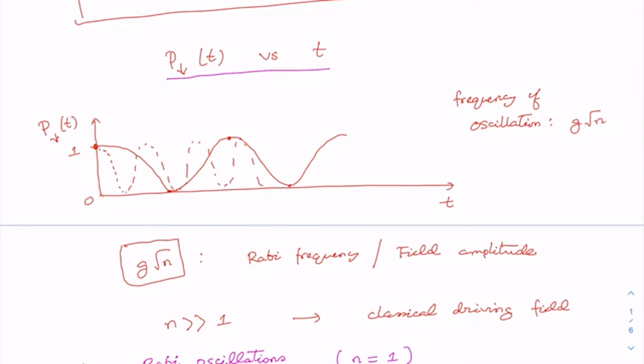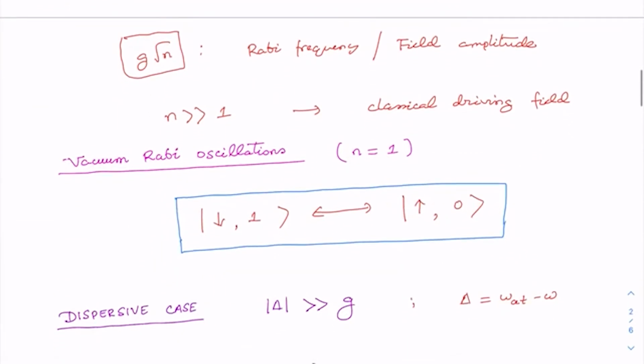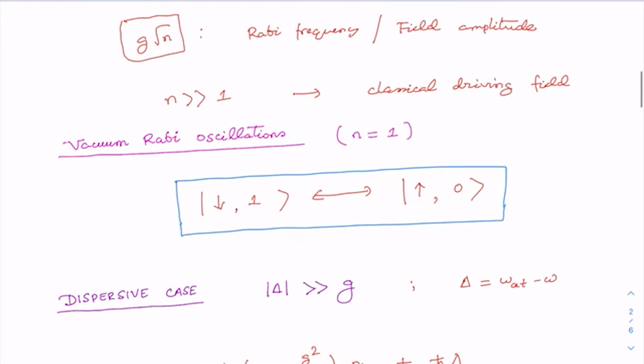On the other hand, there is another extreme case where there is only one quantum in the field mode. Then it turns out that the system oscillates between two states: the atom in the ground state with one photon in the field mode, or the atom in the excited state with no photon in the field mode.